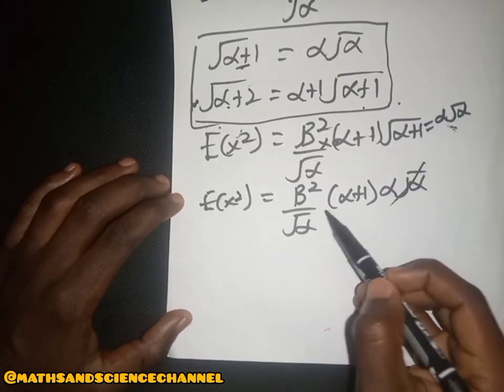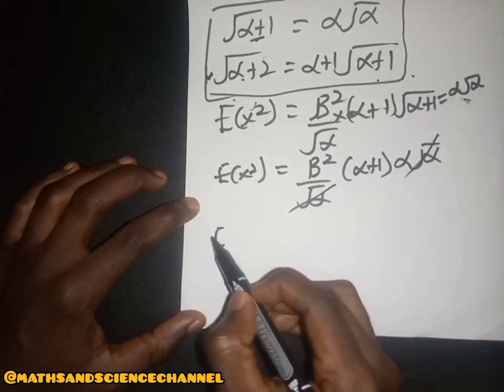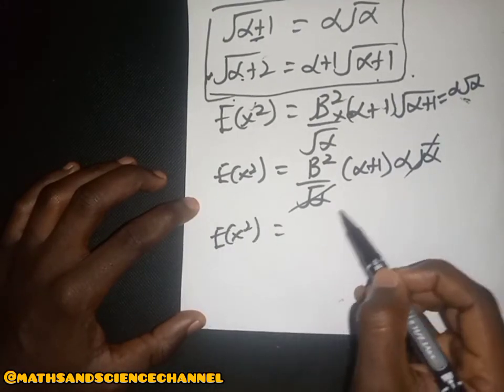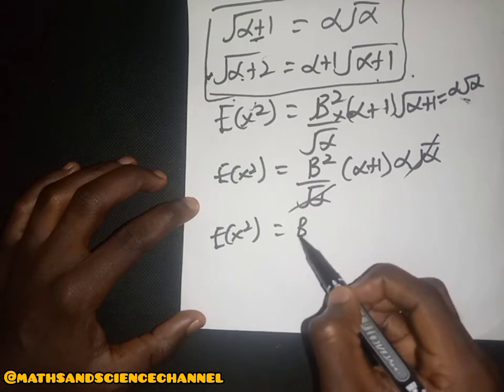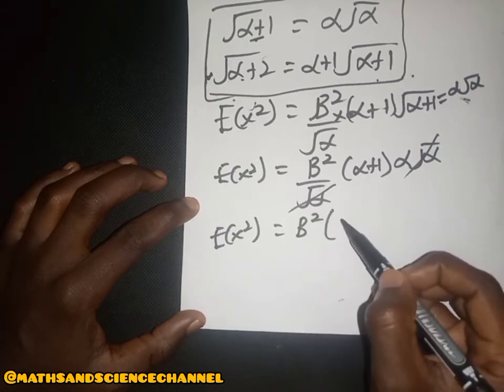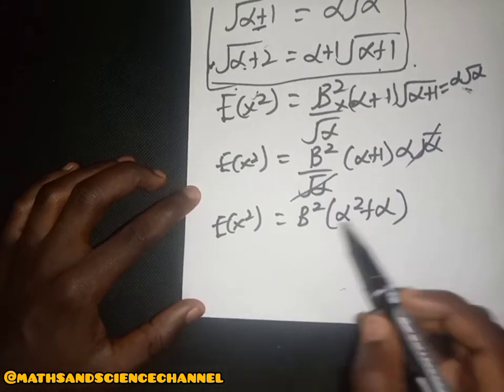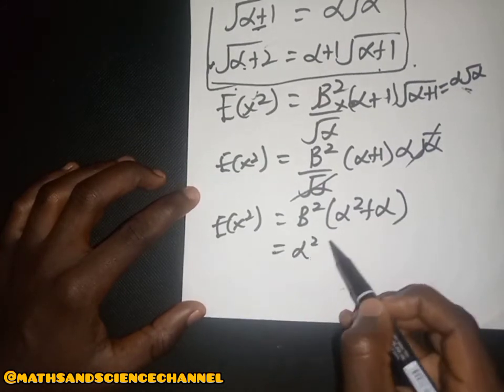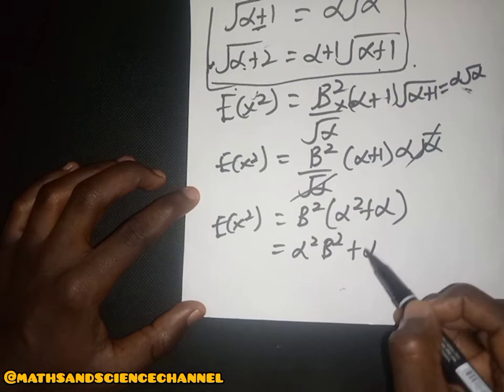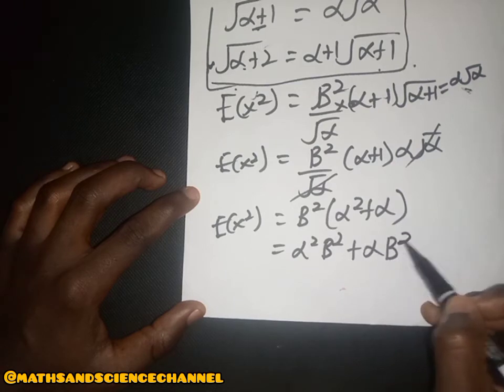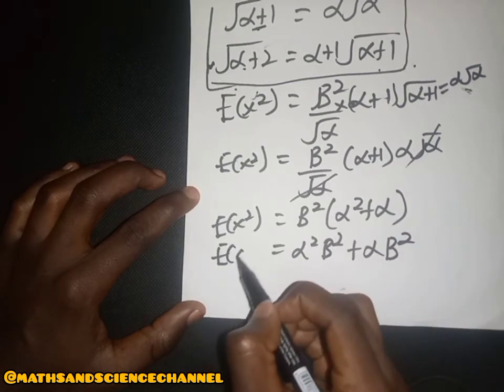So this will get rid of that, and all we are left with is beta squared times alpha squared plus alpha, which is just alpha squared beta squared plus alpha beta squared.